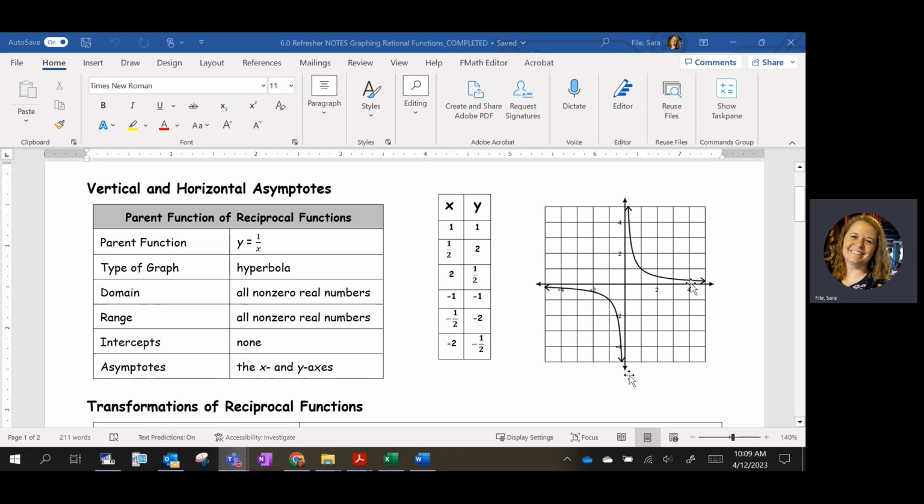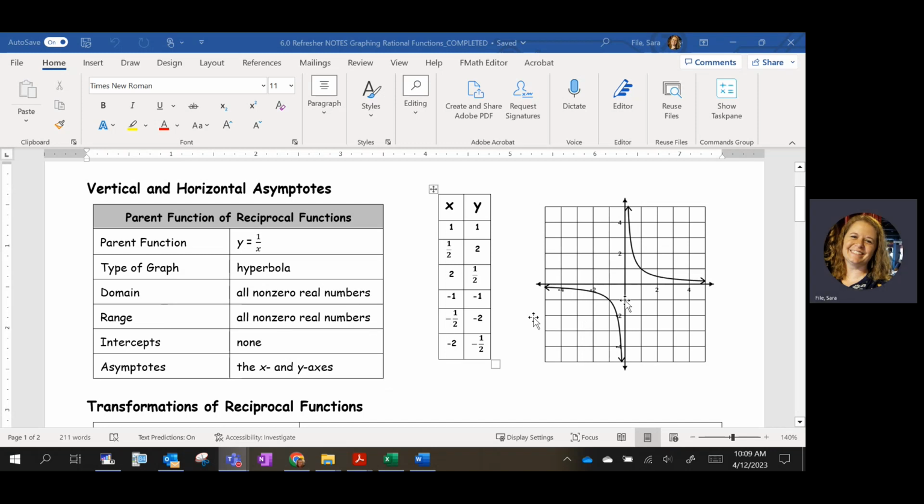Okay, and so for this parent function, those asymptotes are at the x and y axes. Okay, there are no intercepts. The parent function doesn't cross the x or y axis. And again, the domain and range both go on forever in both directions, but there's that break at 0. So it's everything but 0, essentially, for the parent function.